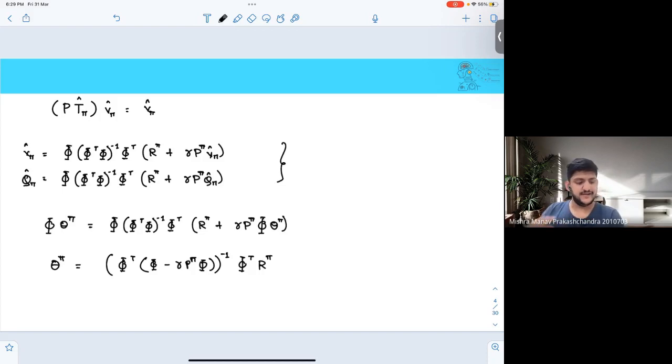You can obtain it by doing some algebraic manipulations. You just take all thetas to the left hand side, and you will get this equation.